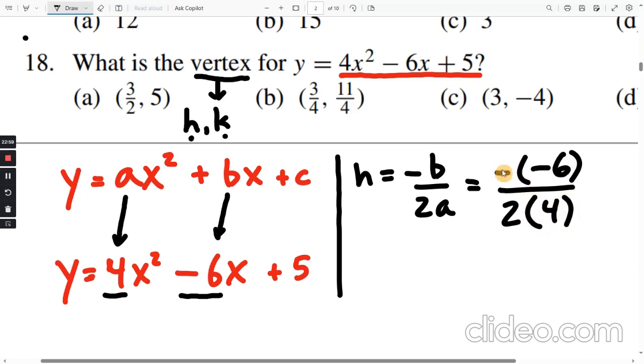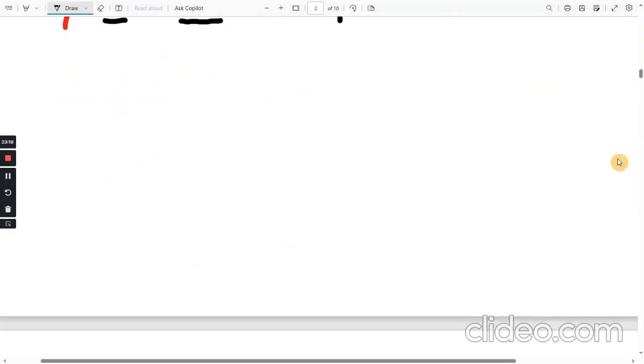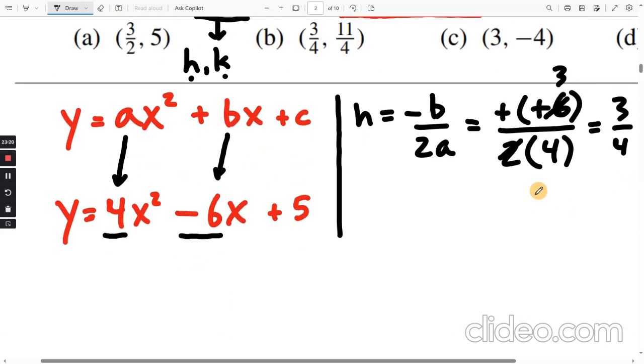Two negatives make it positive, and you can cancel before you multiply if you like. 6 divided by 2 is 3. So we're left with 3/4.